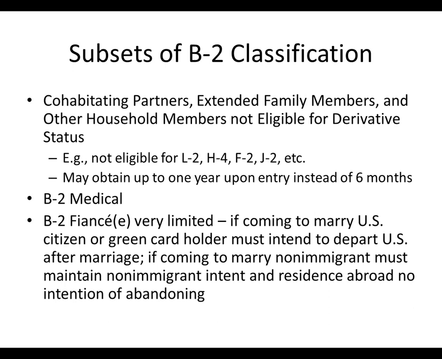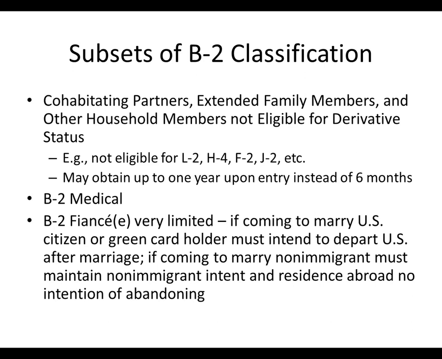We mentioned in passing before the cohabitating partners. The Department of State, I believe, issued in 2001 a cable stating that cohabitating partners of non-immigrants, meaning perhaps same-sex spouses, same-sex partners of non-immigrants coming to the U.S., since they're not considered for immigration purposes because of DOMA to be immediate relatives, would be eligible for B2 classification the same way that perhaps the elderly mother-in-law may be able to.